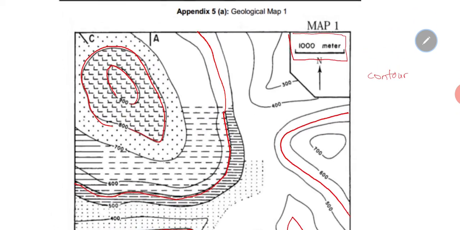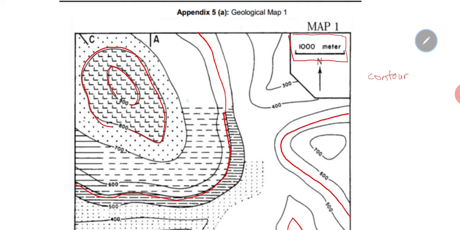Next is about the symbol. You can see that this one is referring to one type of sedimentary rock. In order to complete the map, you need to draw the same symbol in the same contour line. So just complete all of these symbols for the whole map.